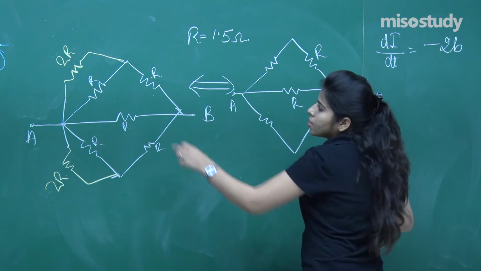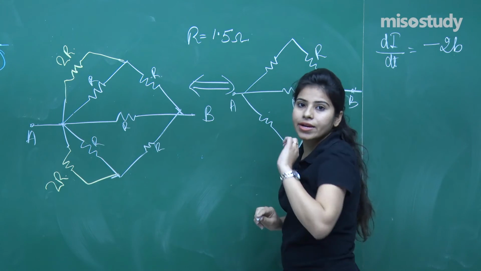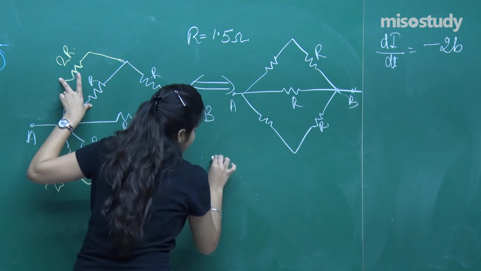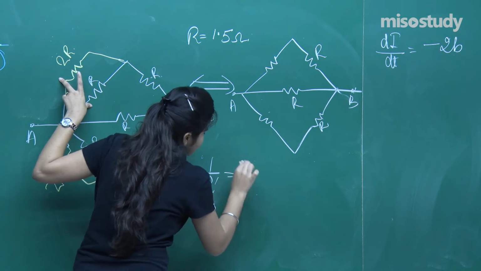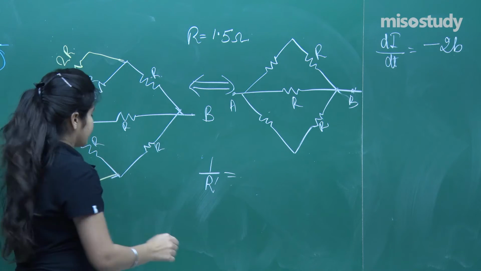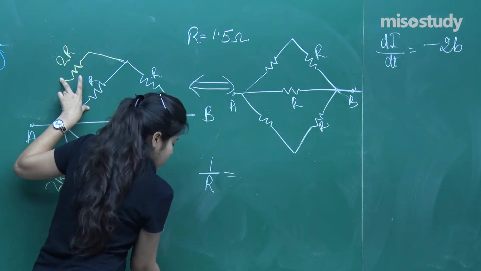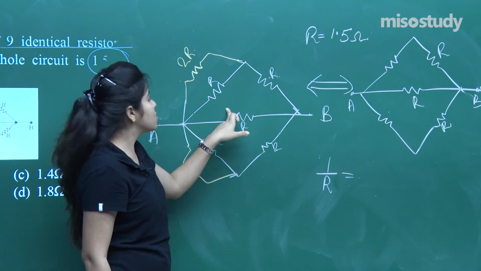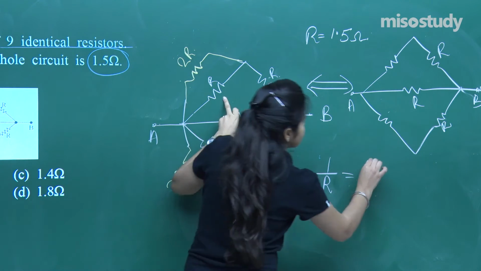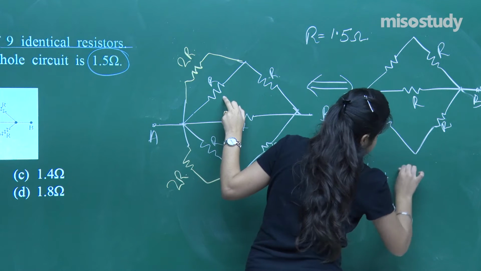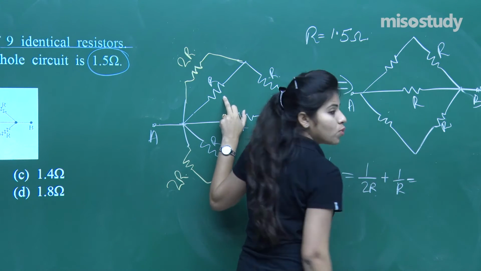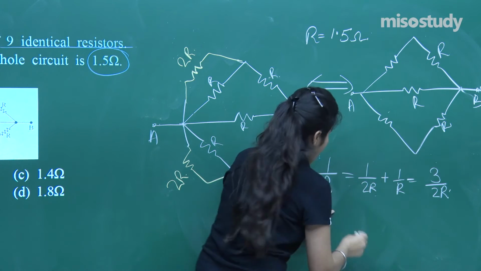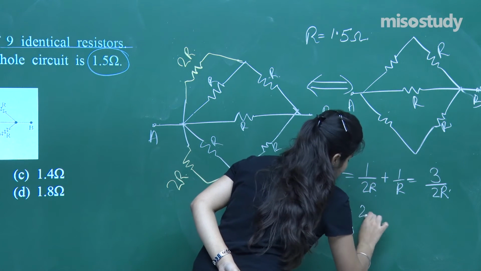We know that this 2R and R are connected in parallel. So to find out the combination for these two, we will have 1 upon R dash equals to what? 1 upon R dash equals 1 upon 2R plus 1 upon R. That means 3 upon 2R.